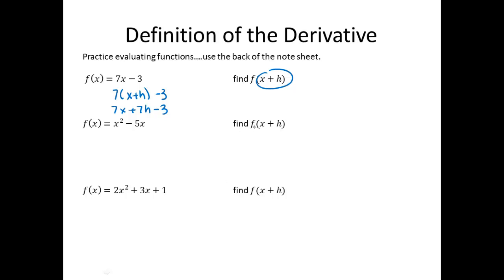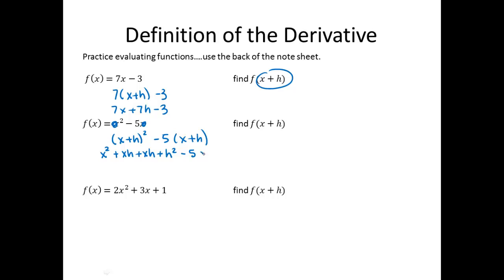The next one, find f of x plus h. For this, I will replace x plus h in both x value locations, in here and in here, and then we will expand to simplify. Now when I expand this, I do not just get x squared plus h squared because I have to multiply it all the way out.